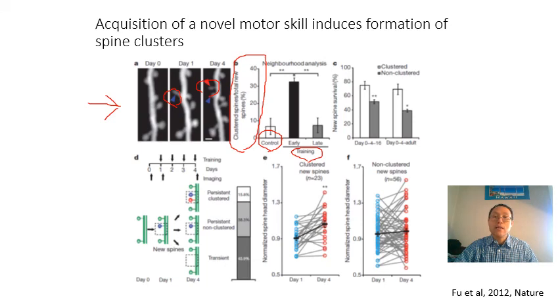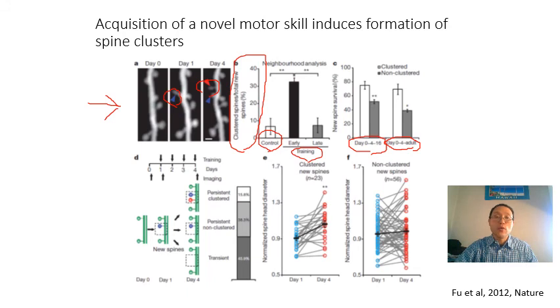Okay, and then the next thing they wanted to do is look at clustered versus non-clustered spines in the day zero for 16 time of imaging, and then versus day zero for an adult images. What they saw is that it really doesn't matter how you're looking at it, but there is a significant amount of the dendritic spines that are clustered following repetitive training.